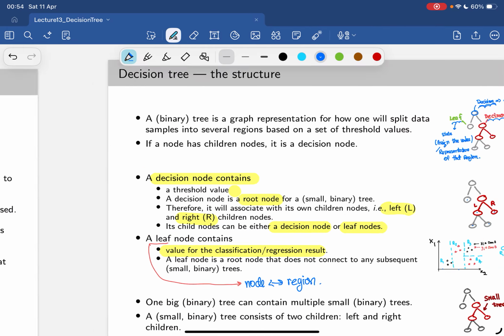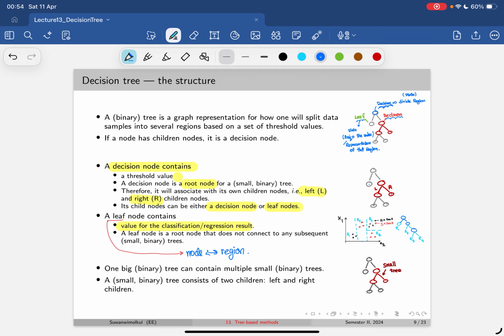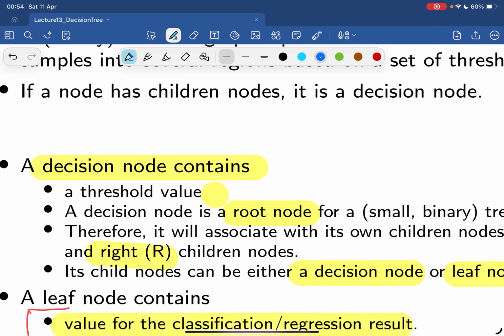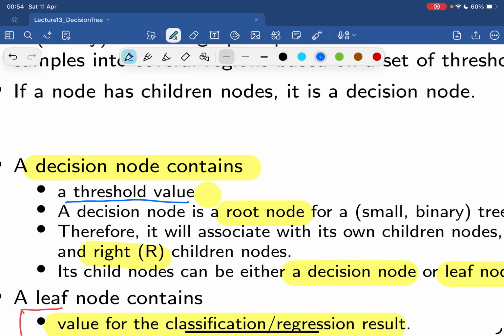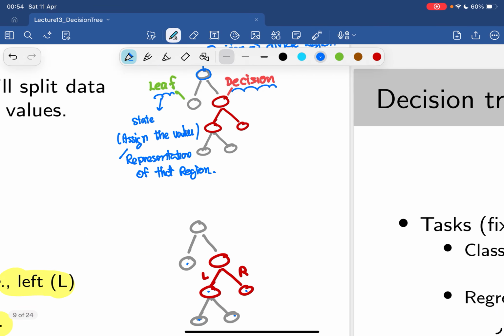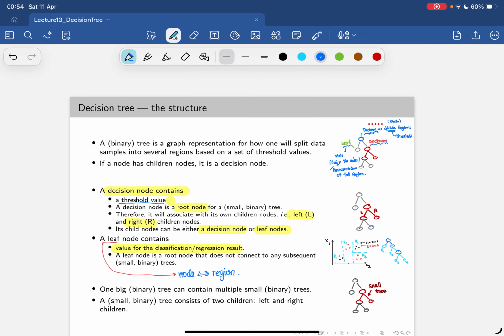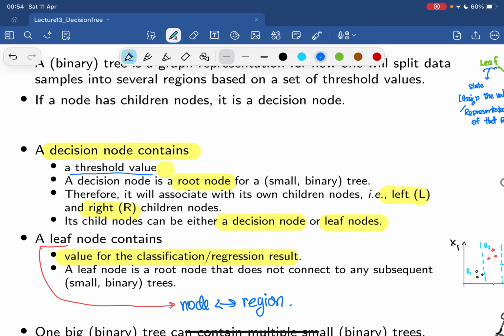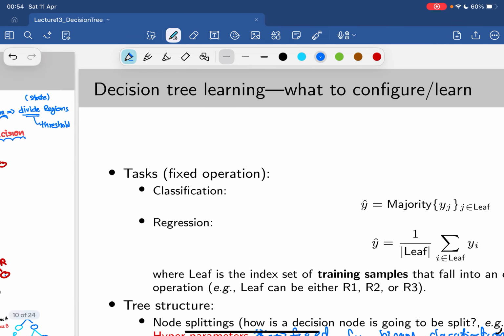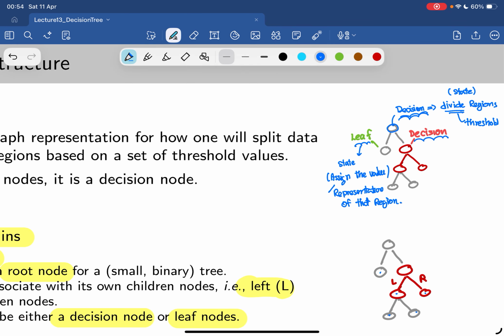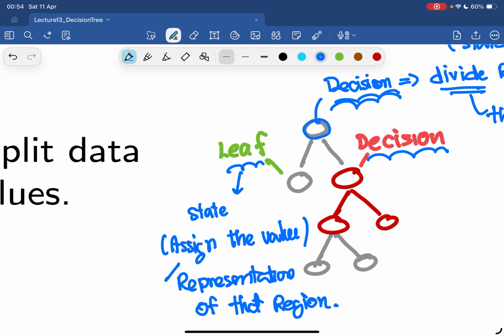Okay, so what are these nodes specifically? The decision node will contain a threshold value. Of course, if you want to divide the regions, you have to have a threshold. Right. What else? Decision node is what we call a root node. Another word that you would probably have to hear is any node.